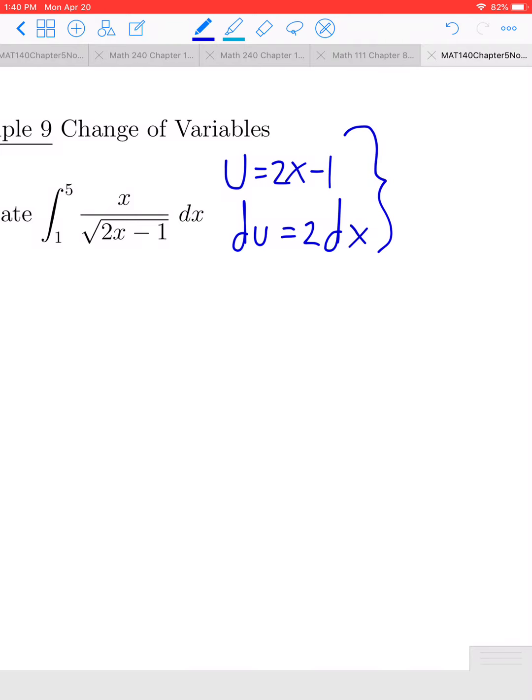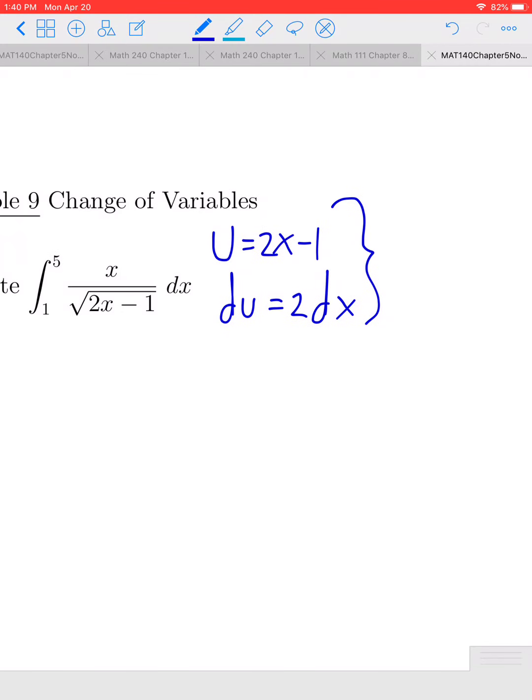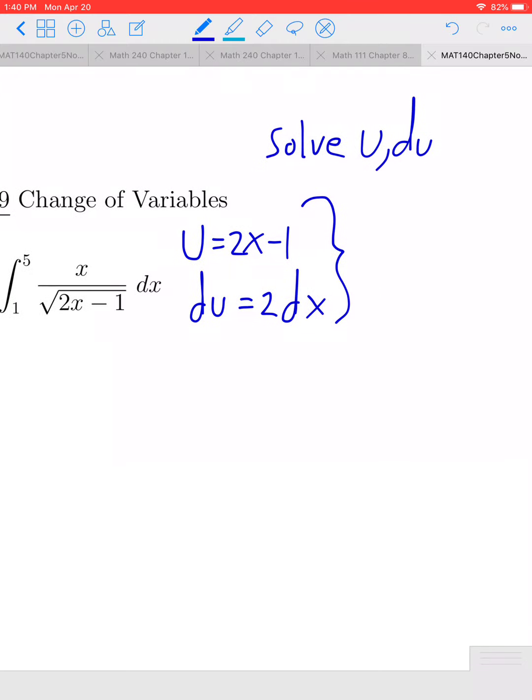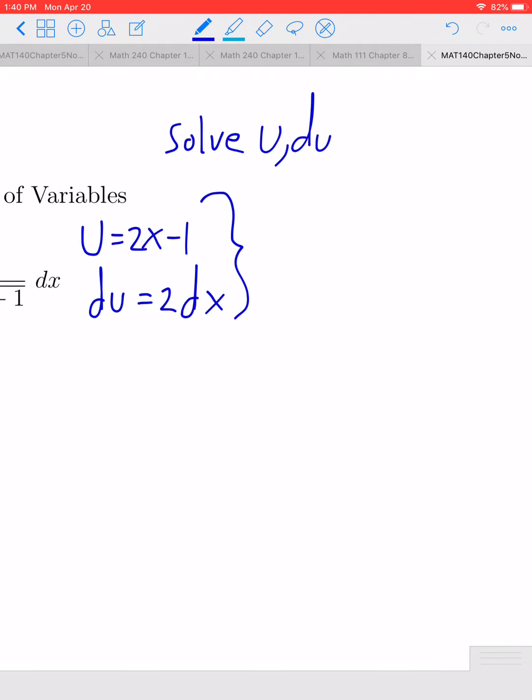We did an example of this earlier where, if it doesn't exactly fit what you're expecting, try to solve for x and dx in terms of expressions of u and du. If I solve the first one for x, I would add 1 divided by 2. This would give us u plus 1 over 2.